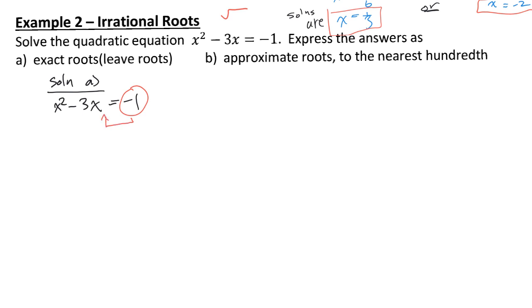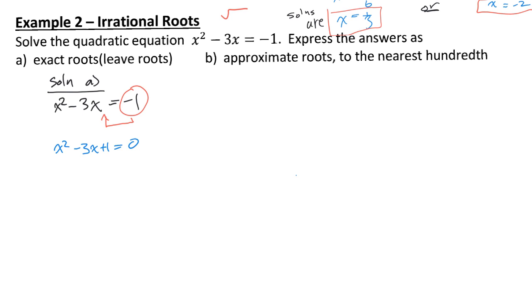We have to make it look like this: ax squared plus bx plus c equals 0. So we're just going to move that negative 1 to the other side. We end up with x squared minus 3x plus 1 is equal to 0.